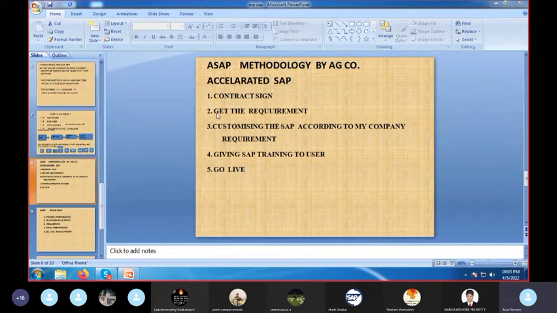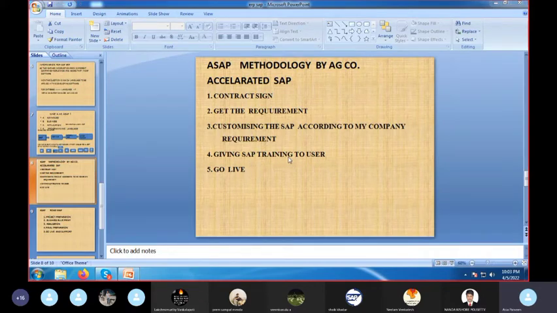Then later they get the requirements, means whatever the company needs, all requirements they will gather. Whatever is needed and which type of customization is needed, for that they used to take the whole requirement, then customize the SAP according to the company's requirement. The AG company used to customize that and give SAP training to users.